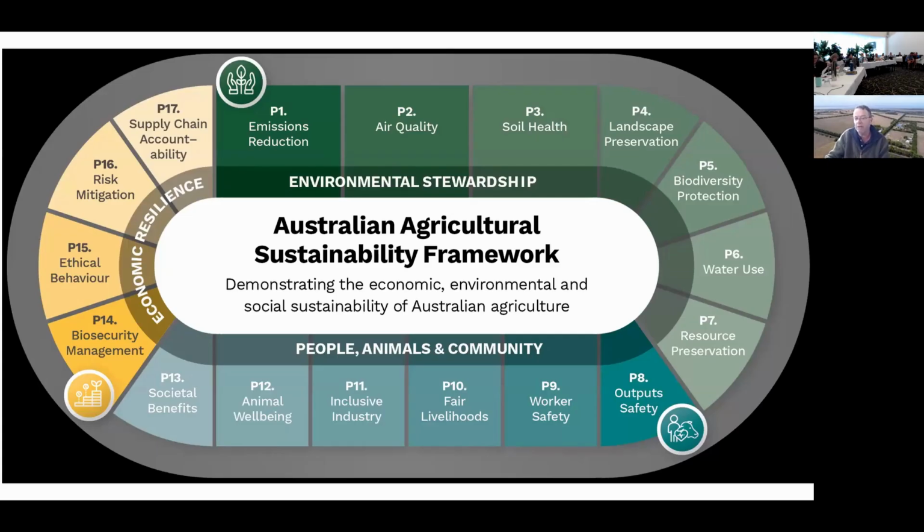So the idea is that for the biodiversity and the landscape stuff that you may associate with tree planting and things like that, that would be able to be recorded and credited on the same platform as the emissions reduction stuff on the AIA tool.